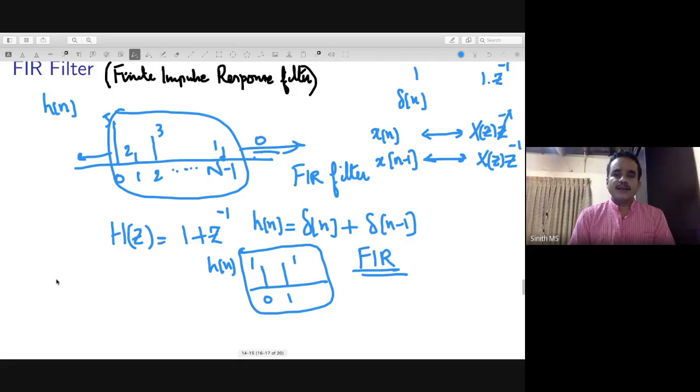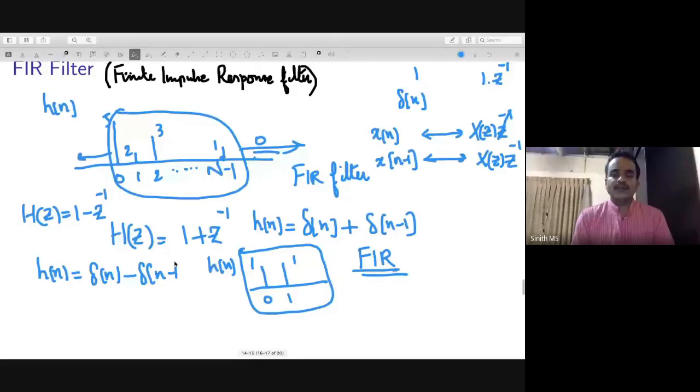Now can you tell what h[n] will be if H(z) is 1 minus z inverse? Similar to this, h[n] can be found as delta[n] minus delta[n minus 1].